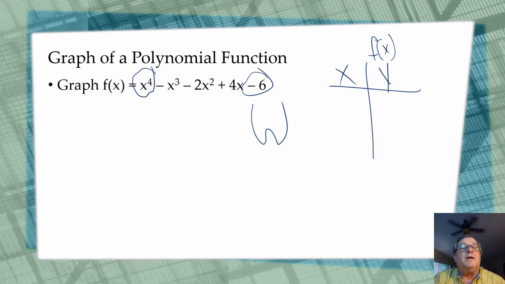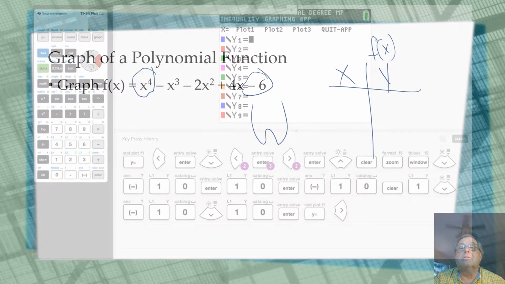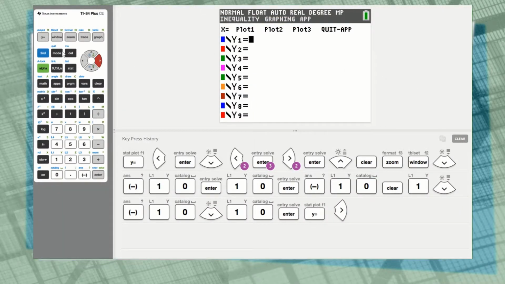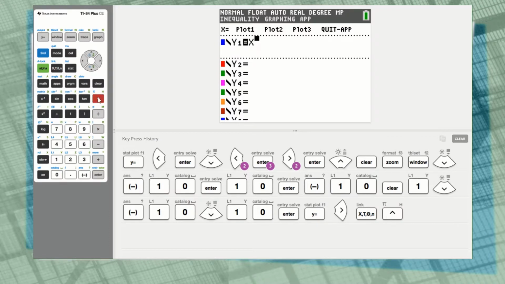So let's head to the graphing calculator, and let's graph this: x to the fourth minus x cubed minus 2x squared plus 4x minus 6. All right, here we are on our calculator, and we're going to graph this function. And it starts off with x to the 4. So I hit x and the little caret button, in case you don't know how to do that, and 4. Then move the cursor over.